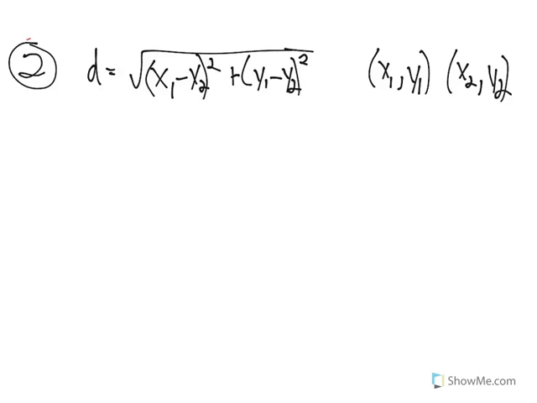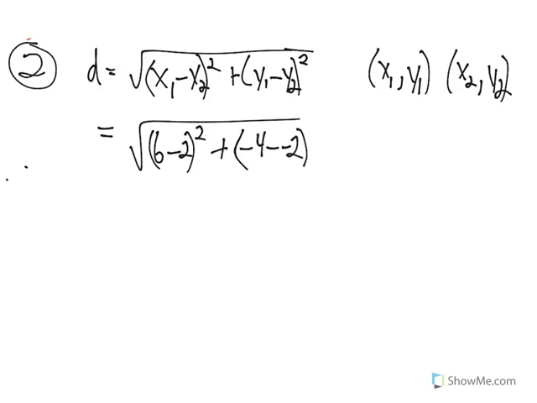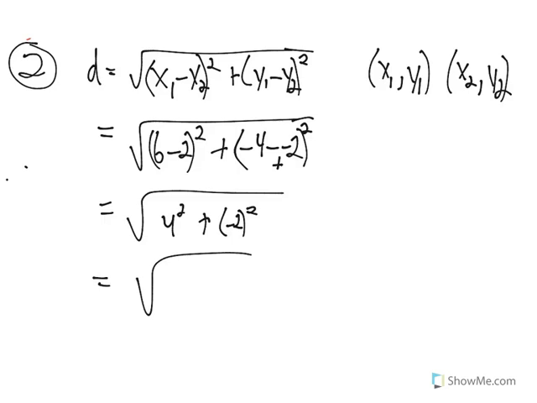So then our distance in this problem is the square root of 6 minus 2 squared plus negative 4 minus negative 2 squared. So that's the square root of 4 squared plus, double negative there, that becomes a plus, negative 4 plus 2 is negative 2 squared. And so that's the square root of 16 plus 4, which is 20.